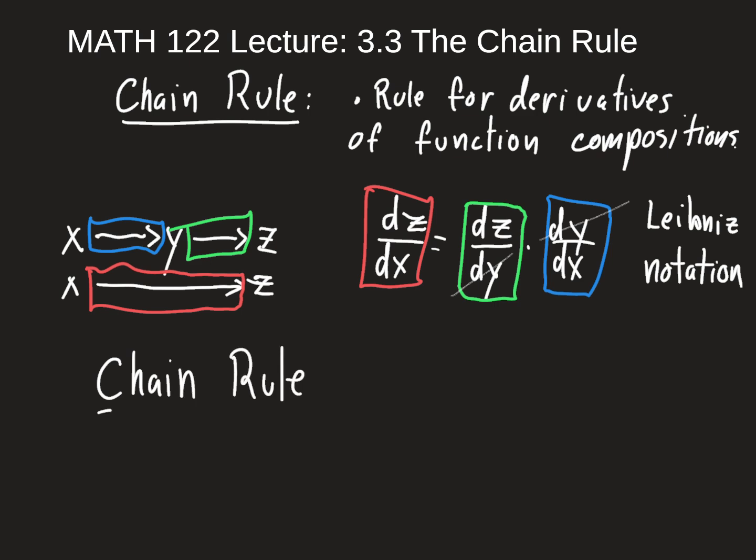And if we reinterpret the chain rule that I just wrote up here, using the standard Newton notation, we get the following formula for chain rule, which is the one that I want you guys to remember.